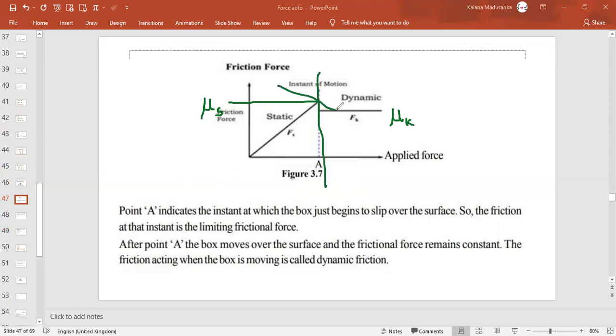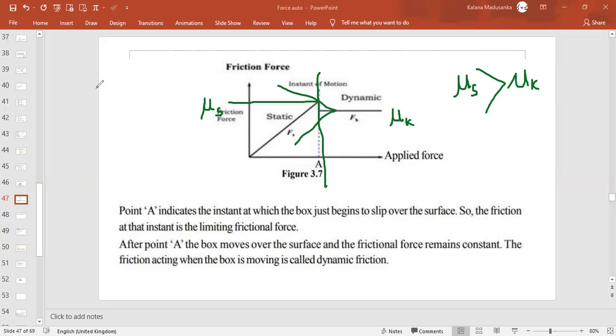The coefficient of static friction has a higher value than the coefficient of dynamic or kinetic friction. You have to remember this because it was asked in an earlier MCQ.